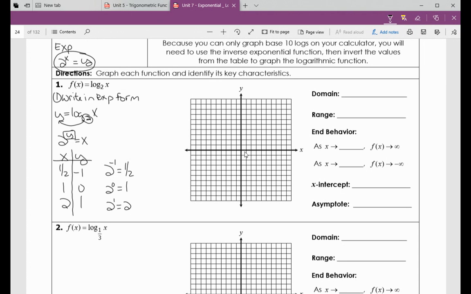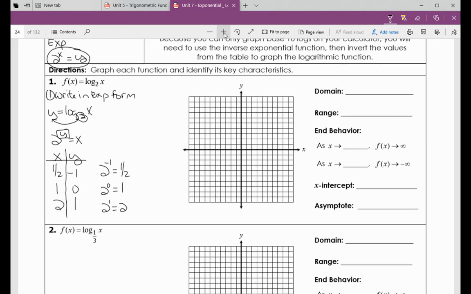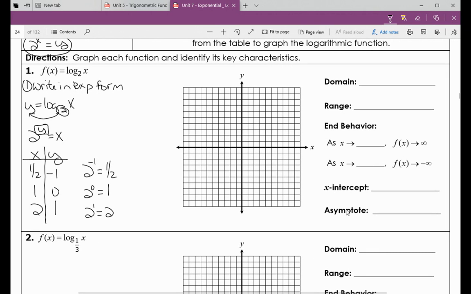I'm going to make this a little bit bigger so it'll be easier to see. I'm going to go over 1/2, and I'm going to go down to -1. Then I have 1, 0, and I'm going to go over 2 and up 1. So your graph is going to kind of grow, and then all of a sudden it's going to turn.